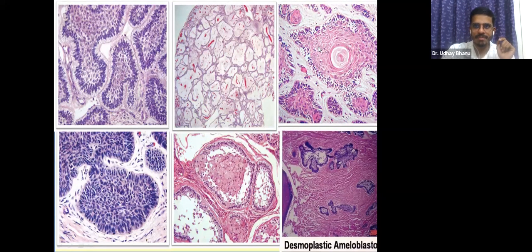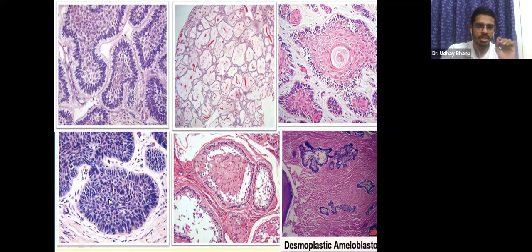So they will appear like this with a nucleus, and they will also show keratin pearl formation. Keratin pearl is nothing but areas where squamous epithelial cell apoptosis or cell death has occurred. So it will appear like a keratin pearl. So that's your acanthomatous.